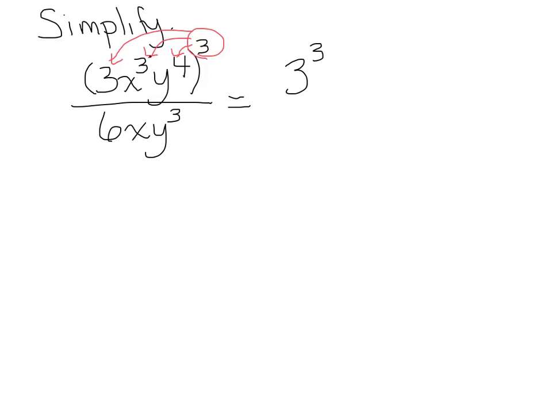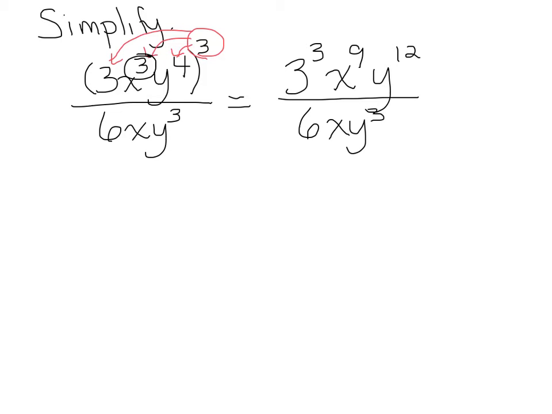Remember, when you raise an exponent to an exponent, you multiply. Therefore, this is going to be x to the 3 times 3, or 9th power. And that'll be y to the 4 times 3, or the 12th power. Since the denominator does not have any exponents on it, we're just going to bring it over.